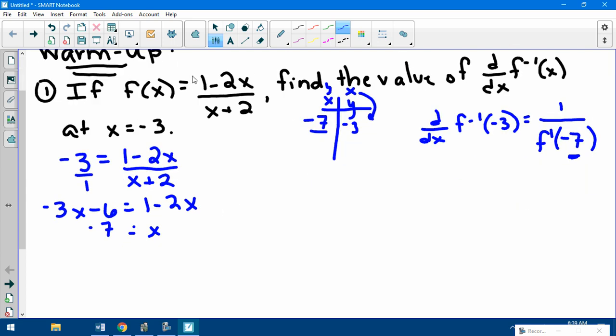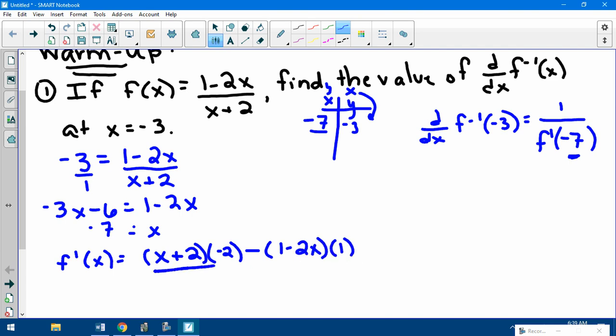So I never had to find the inverse of this, but I do have to find the derivative of it. So f prime of x is going to be the bottom, x plus 2, times the derivative of the top, which would be -2x, minus the top, 1 minus 2x, times the derivative of the bottom, 1, all over the bottom squared.